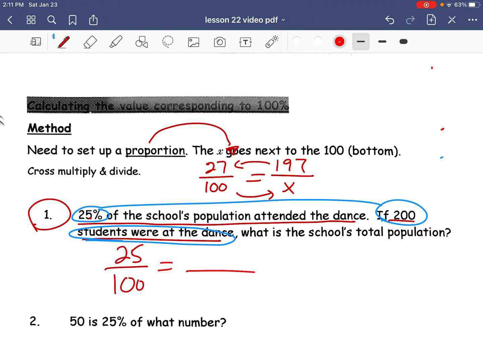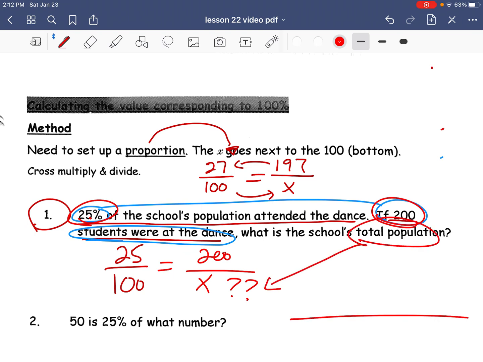If 25% is 200, then it goes together on top, and you're looking for the total population, the 100% of the population. Again, cross multiply and divide, and that would give you 800. This is an easy one to do. You could do cross multiply and divide if you want, or you can do scale factor. I could say that's easily times 8, times 8. That gives me 800 for the total population there, okay?